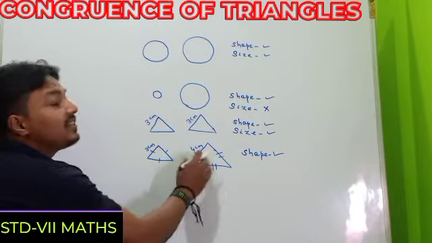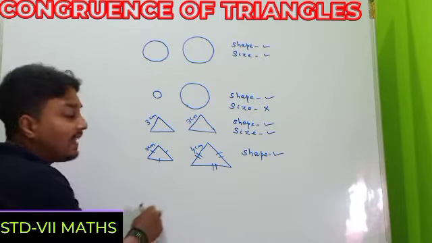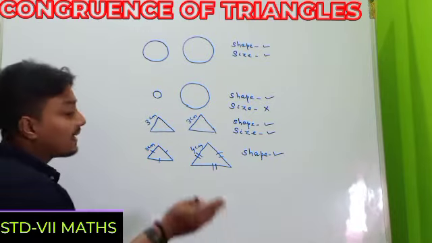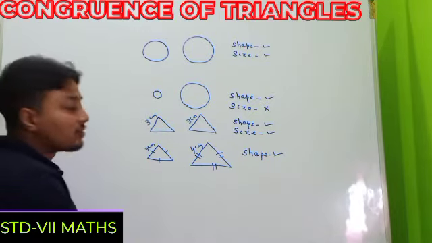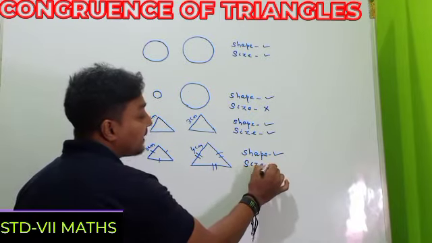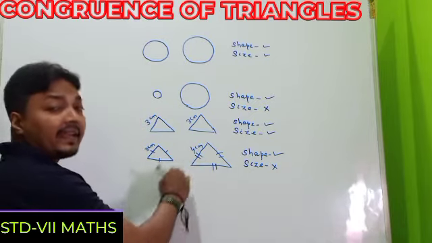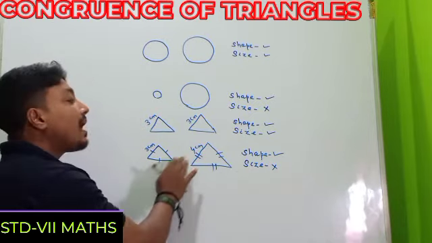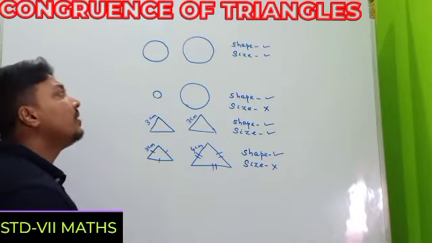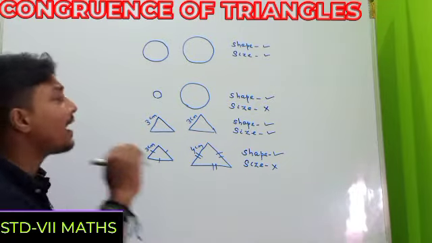But the size is different, because this one is the smaller equilateral triangle and this one is a little larger in comparison. So I cannot say that both have the same size. They are different in size but equal in shape. Understood perfectly? So this is the definition of congruent that I am telling you first.